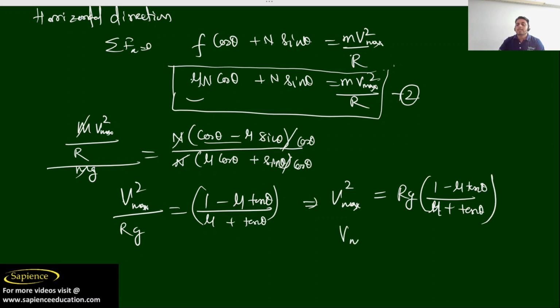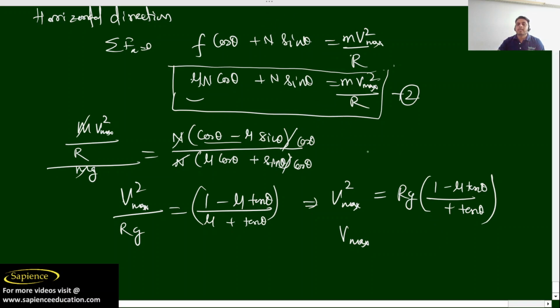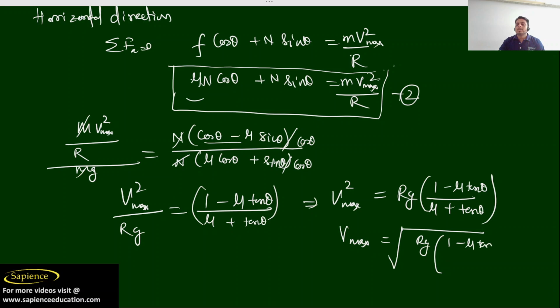So v maximum is equal to root under r g times 1 minus mu tan theta by mu plus tan theta. So this is the case.